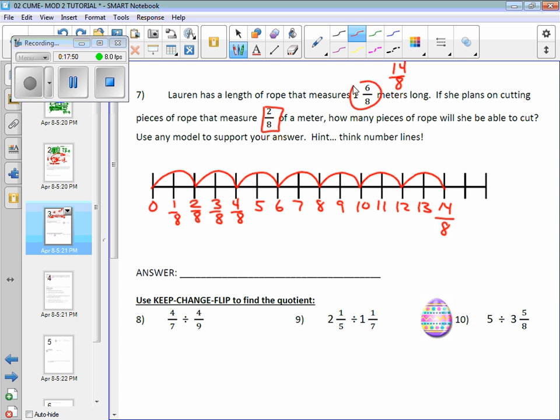Now all I need to do is count my leaps. And that is 7 leaps. And on my particular word problem, I'm cutting pieces of rope. So I want to say that 7 pieces of rope can be cut.